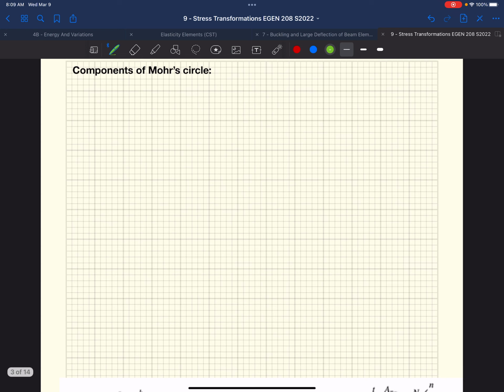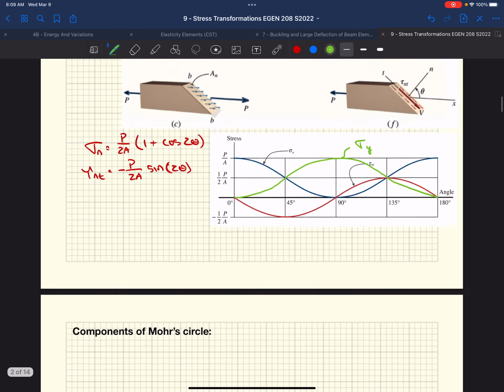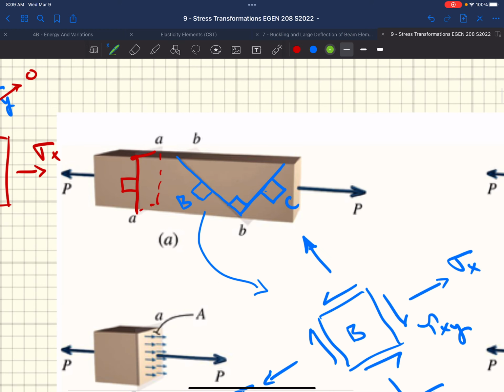So what is Mohr's circle? Well, Mohr's circle is a visual representation of the stresses that are happening at any cut plane within an element, at any orientation.